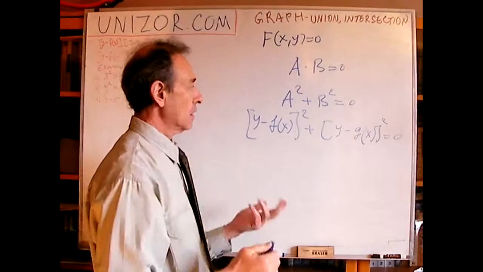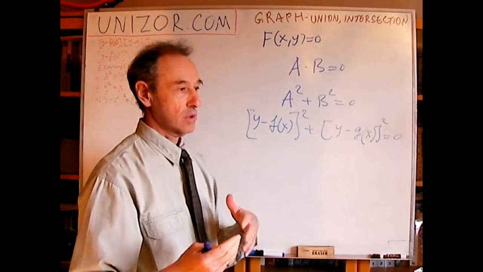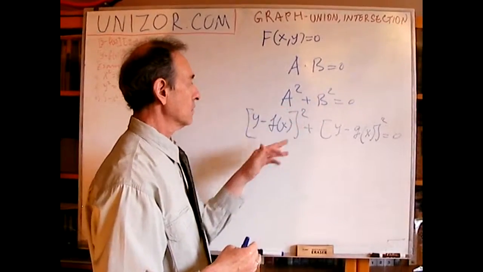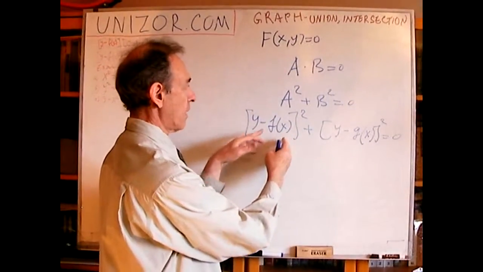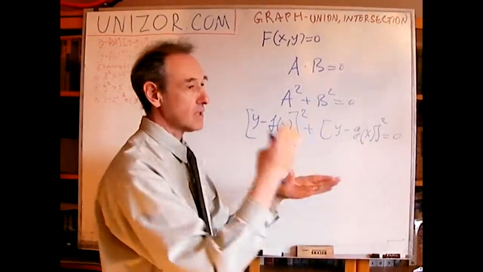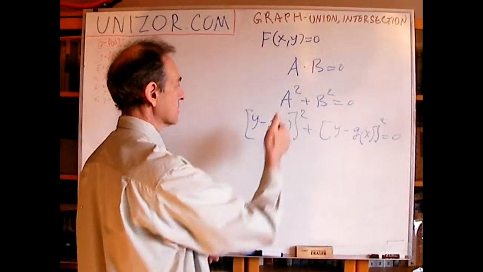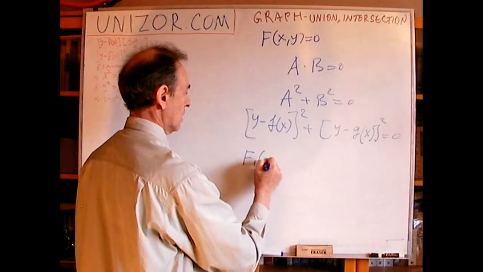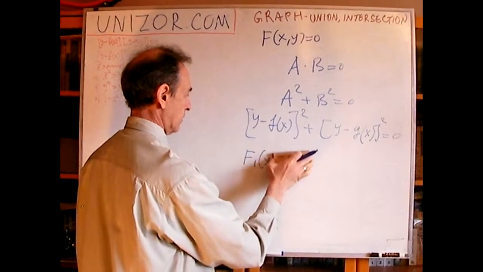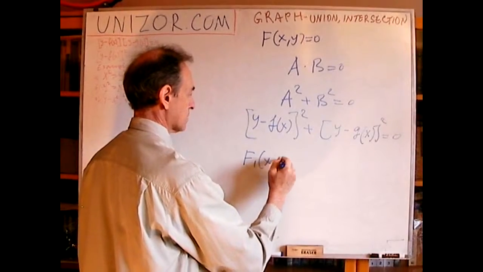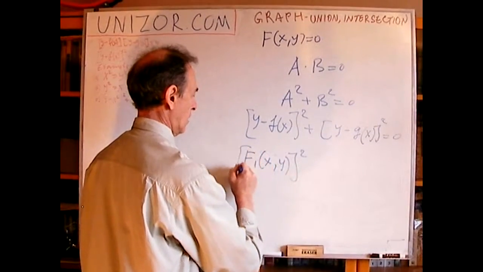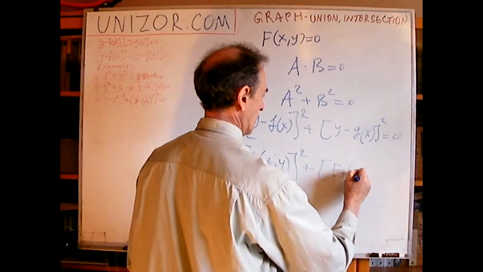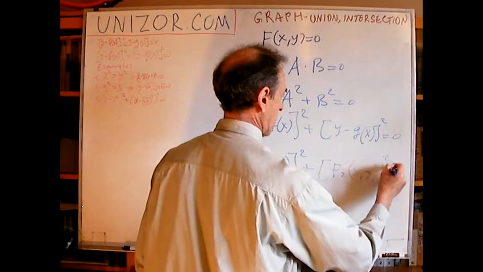So, how to draw something like this? Well, first you draw the left part, then you draw the right part, and then intersect them. And obviously the same thing is true for the more general representation, f1 of x,y squared plus f2 of x,y squared equals 0.